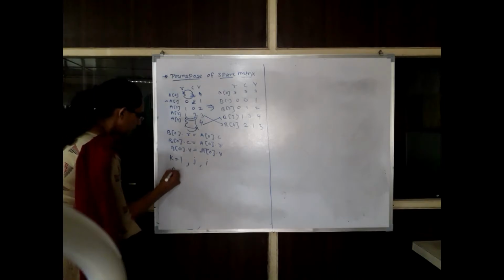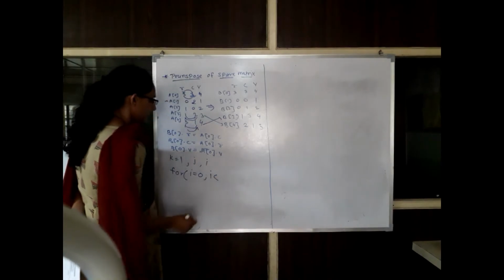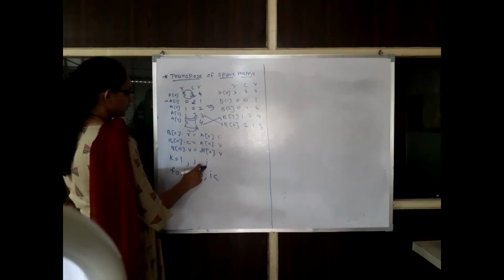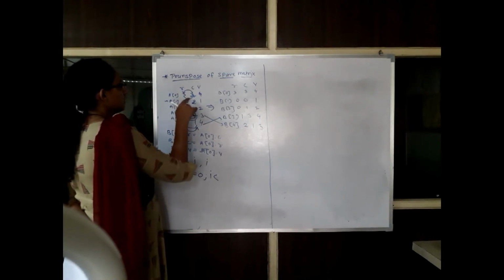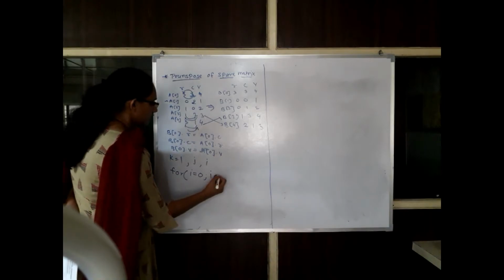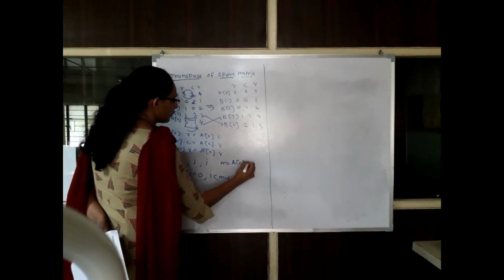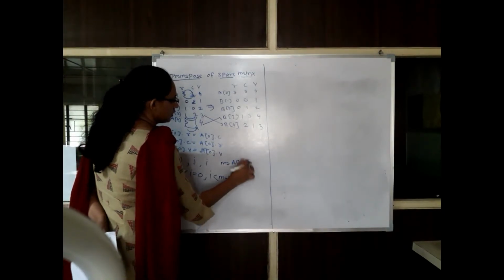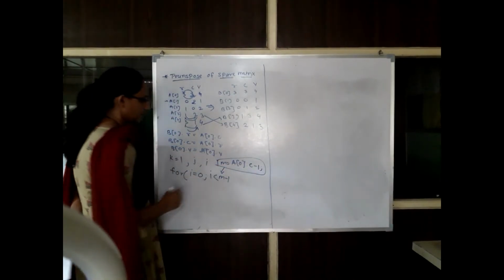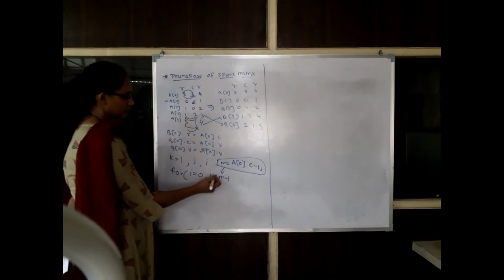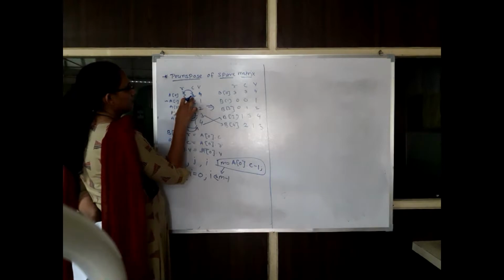So for I is equal to 0, I is less than or equal to m minus 1, where m is a of 0 dot c, the number of column values.